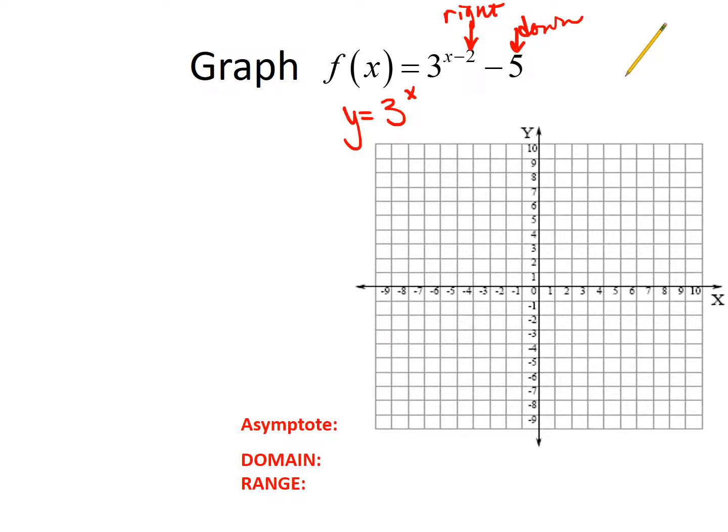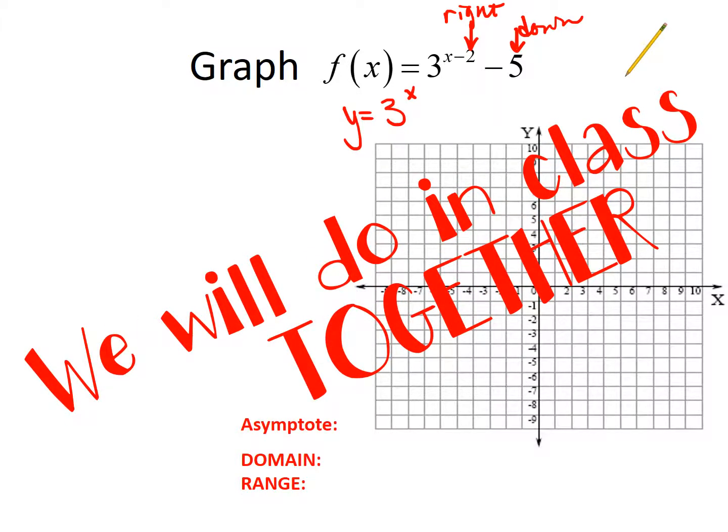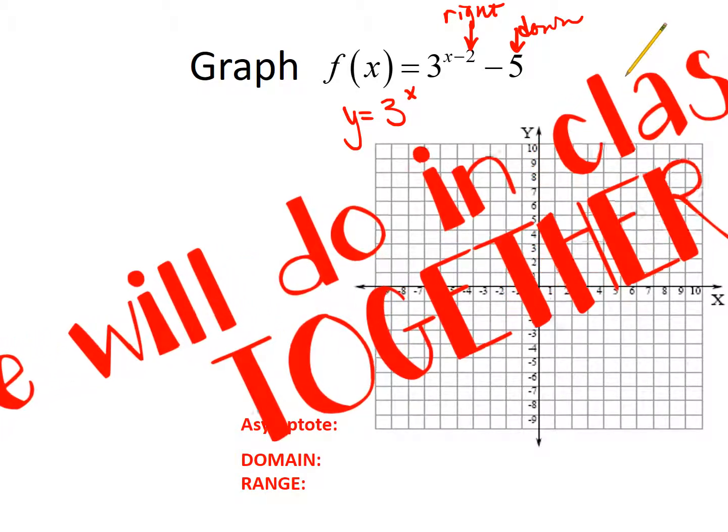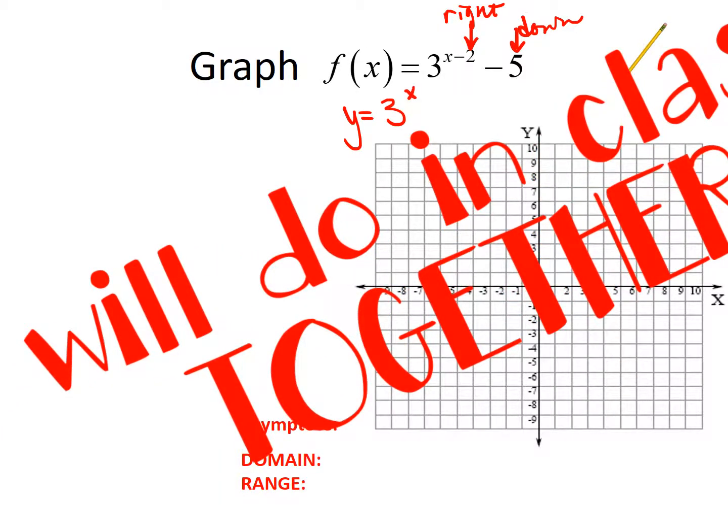But for the purposes of this video not being super long, we're going to do this together in class, okay? So you don't have to do anything for this problem. We're going to work on this one together. So just make sure you know what the parent function is, or for this problem, just be able to identify that my parent function that I'm going to start with is just that b to the x. So y is equal to 3 to the x.